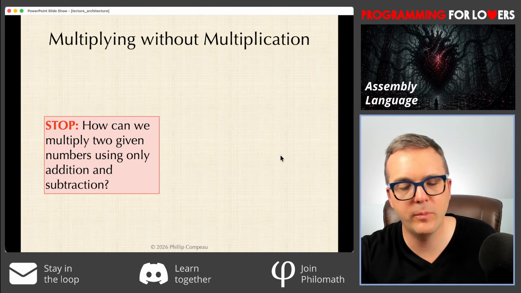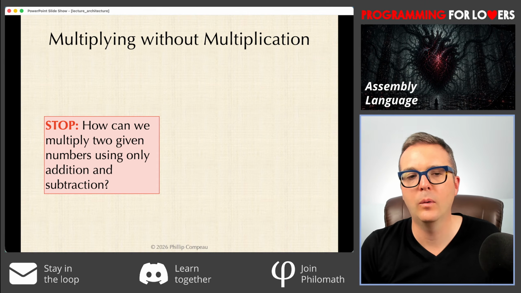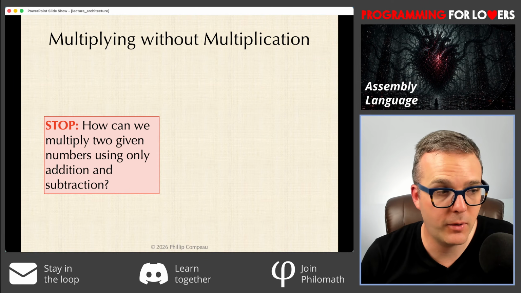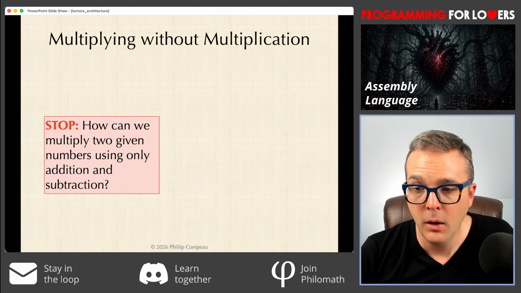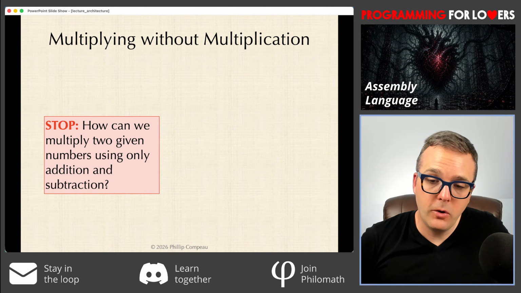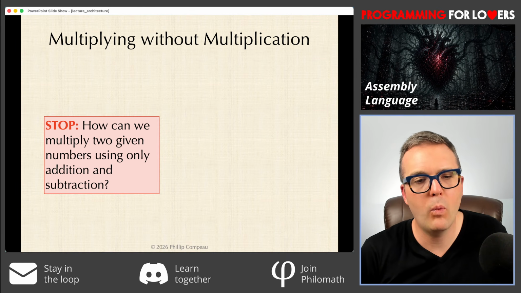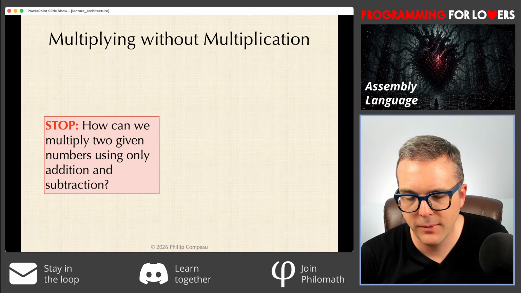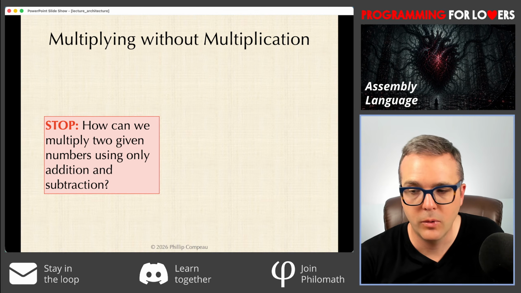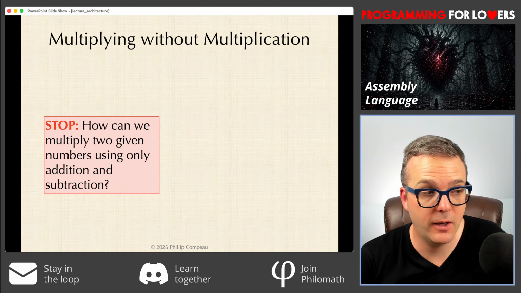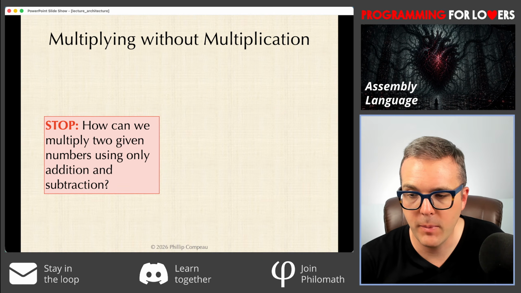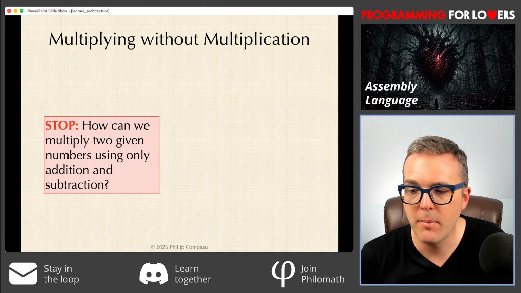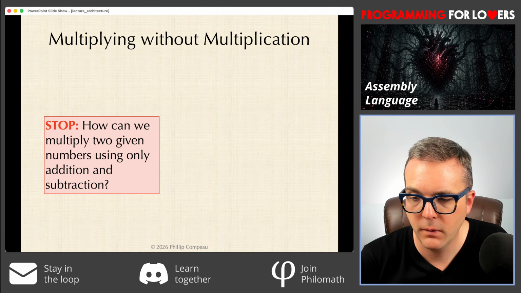Now here's an opportunity for me to ask you another question, though. We've done a lot of operations. We can even multiply by a power of 2 to the k with a built-in operation, but what if I want to multiply by 3 or 42, or I want to have two numbers that are input, and maybe I even want to write a function that multiplies these two numbers together?